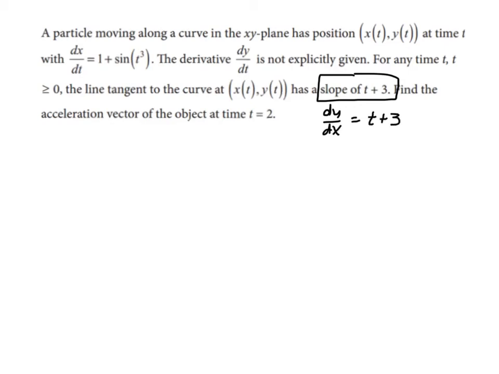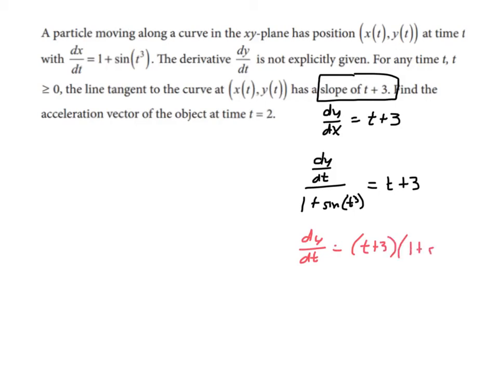So even though I wasn't given what dy dt is equal to, I know that dy dt divided by dx dt, which I was given, is equal to t plus 3. Well, then I can do a little bit of algebra and figure out what dy dt is equal to.